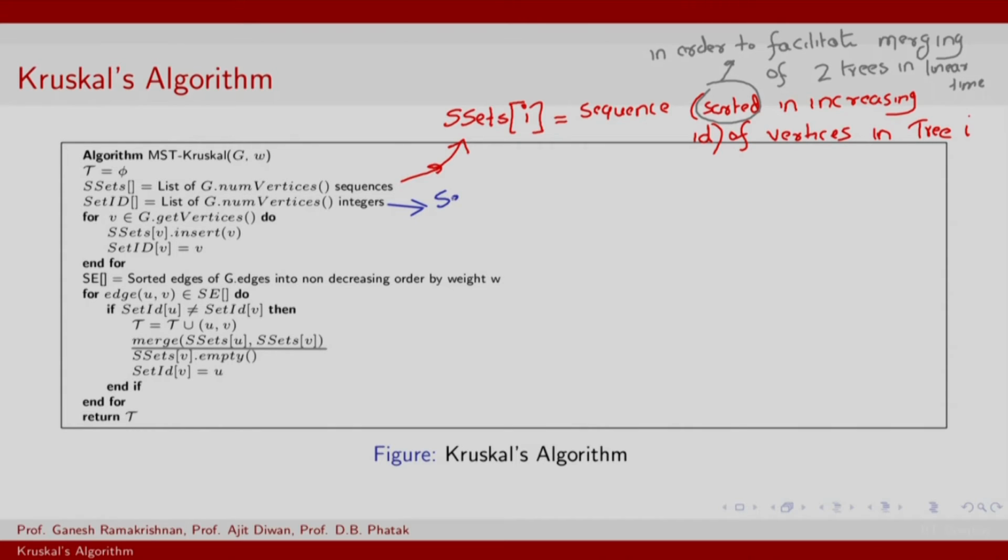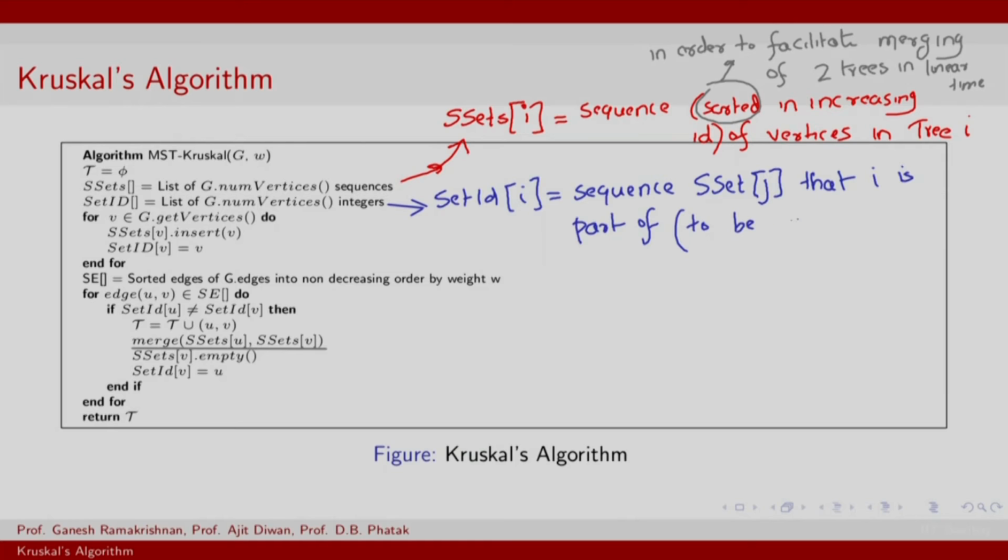So set ID for node I, vertex I, is the sequence S sets j that I is part of, and again the purpose is to be able to find the tree containing I, so that you only add edges that connect two different trees or two different sequences.